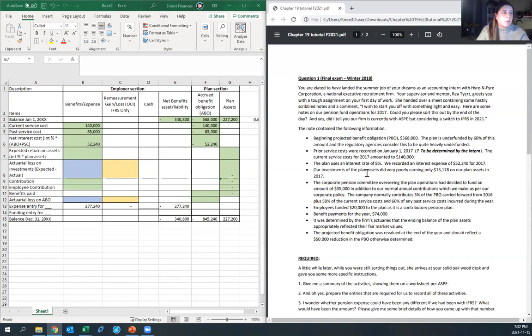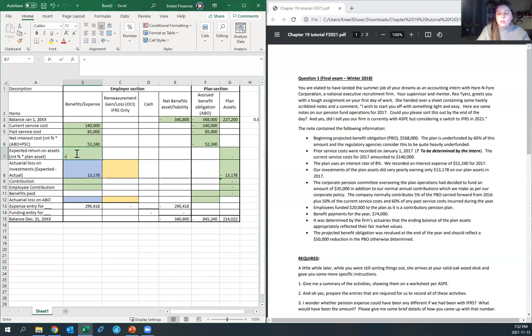Our investments of the plan assets did very poorly, earning only $13,178 on our plan assets in 2017. So we have the actual return here. So it's going to be for sure 13,178. But now we have to find our expected return on assets to be able to figure out the actual loss.